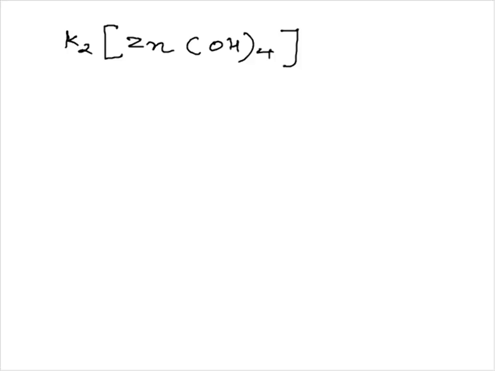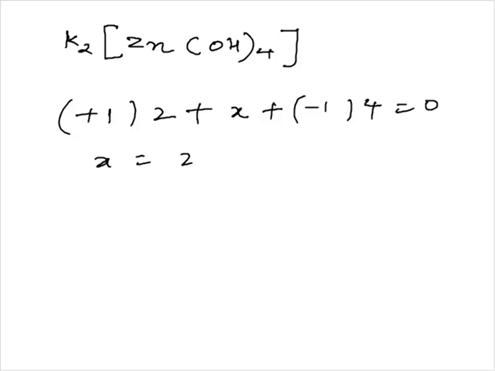Potassium plus 1 into 2 plus X plus minus 1 into 4 equal to 0. X is 2. Potassium tetrahydroxozincate 2.